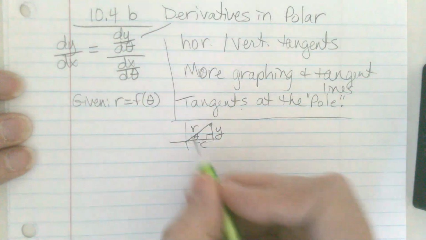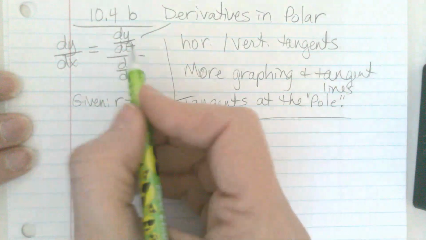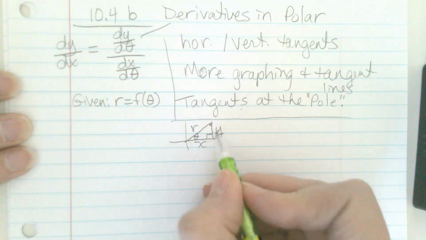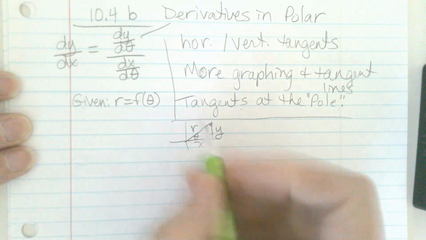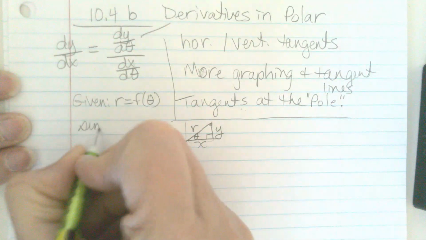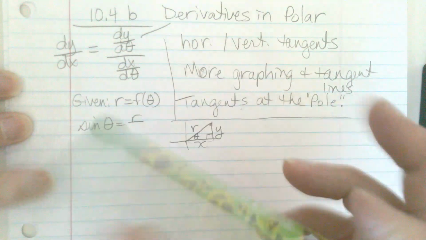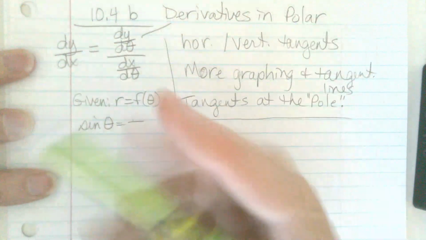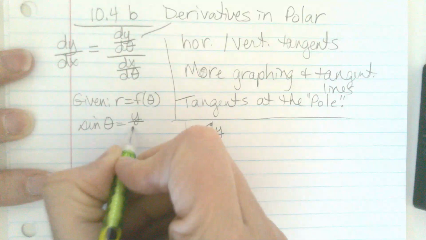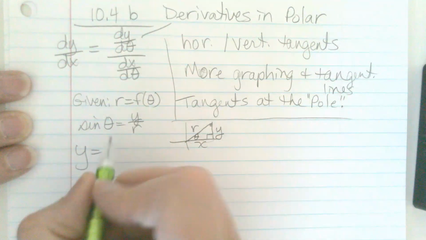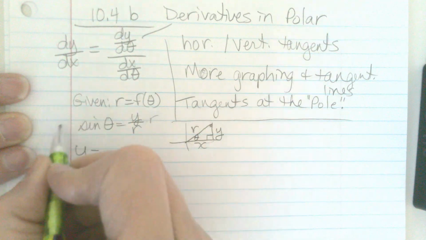So if I wanted to relate the y value with the r, what trig function would I use? Sine. The sine of theta equals opposite over hypotenuse, y over r, right? So what would y actually equal? Multiply both sides by r.